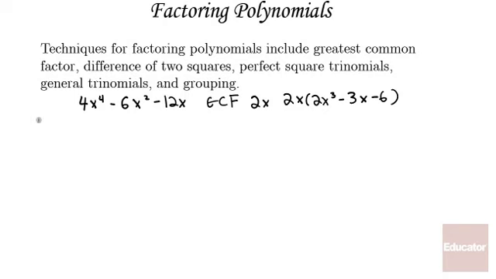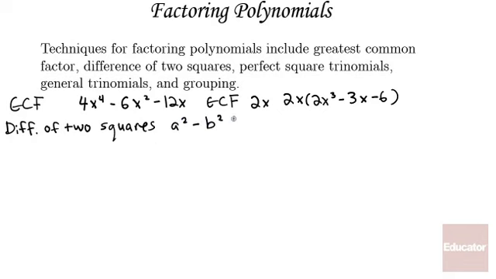Okay, difference of two squares. So this is greatest common factor, and now difference of two squares. Recall that these are in the form a squared minus b squared. An example would be x squared minus 9. This could be factored into x plus 3, x minus 3.